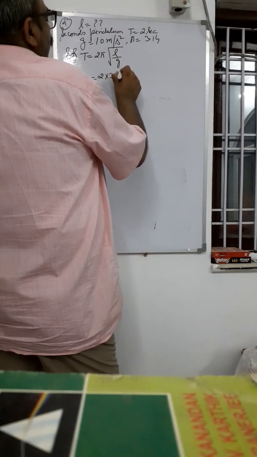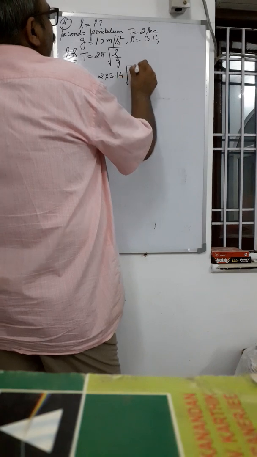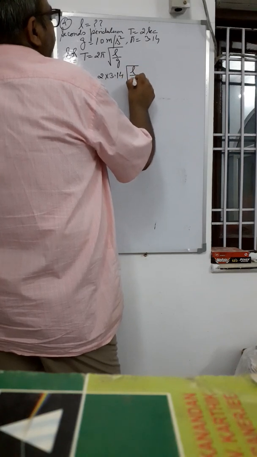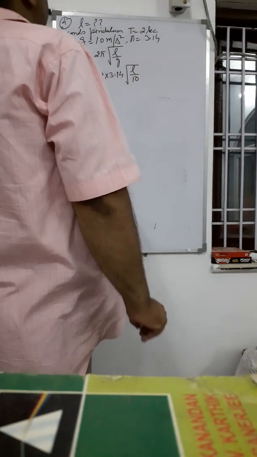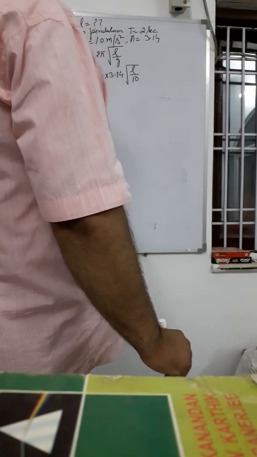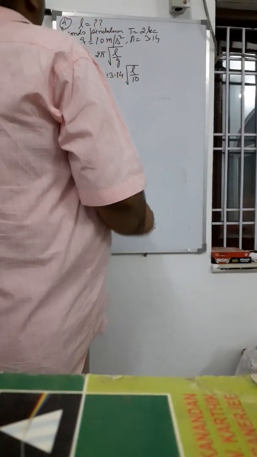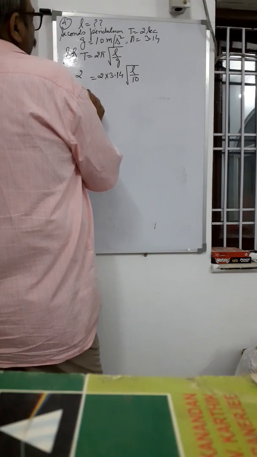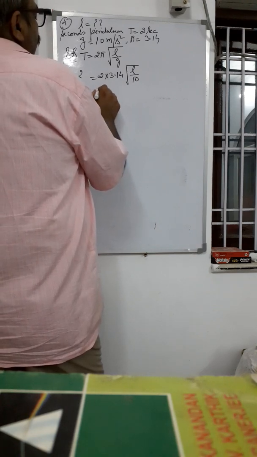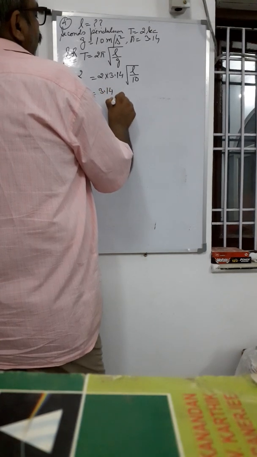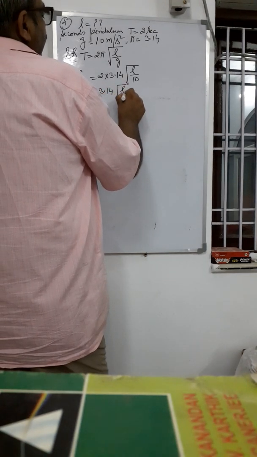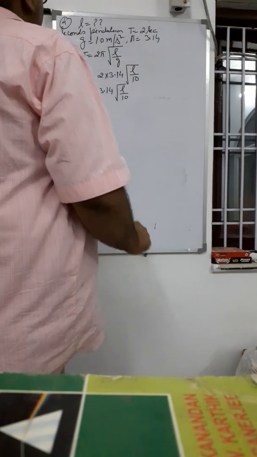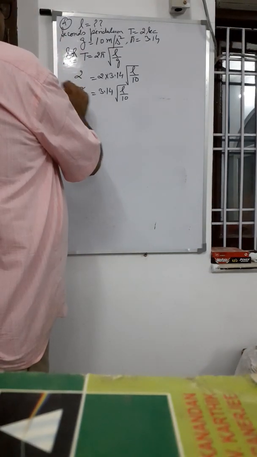2 seconds. The value of pi is also given, 3.14, under root L upon G. Values we have substituted. Now if you divide 2 by 2, it will become 1.